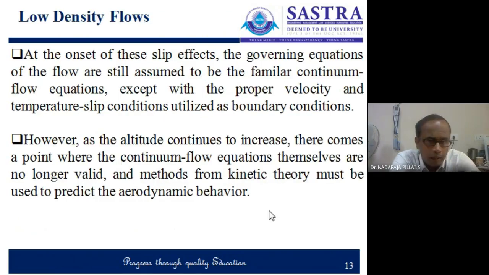So at the onset of these slip effects, the governing equations of the flow are still assumed to be the familiar continuum flow equations, except with the proper velocity and temperature slip conditions utilized as the boundary conditions, right?